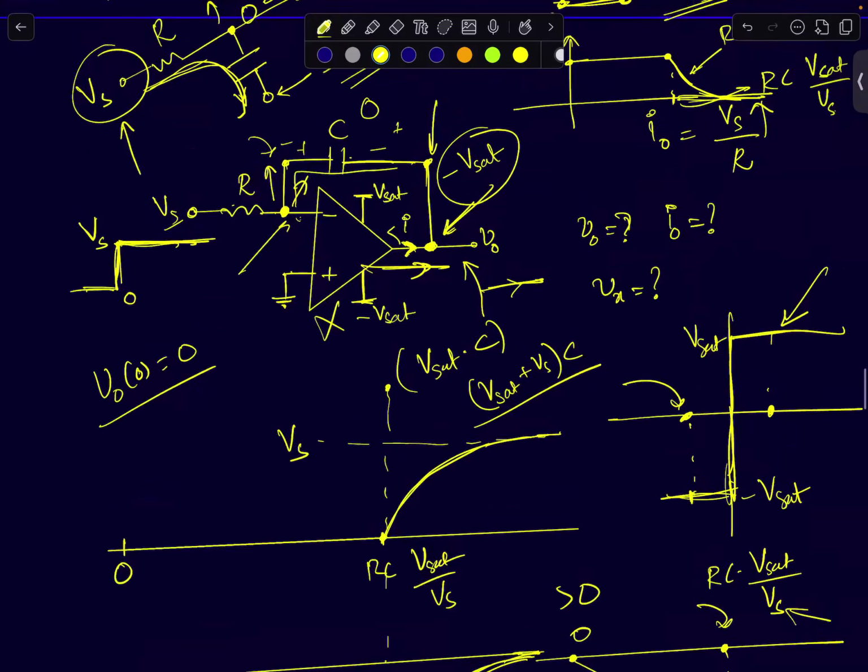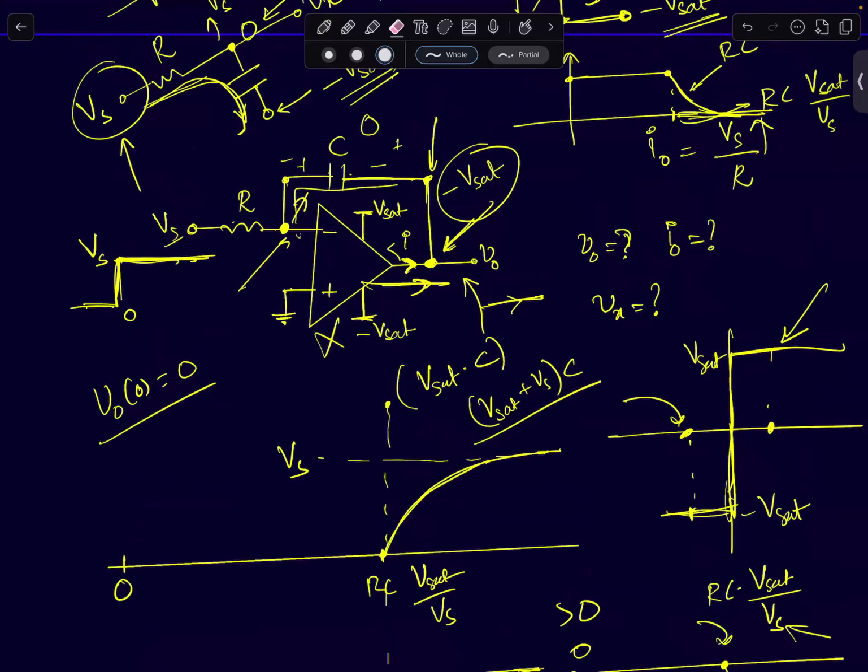Remember, your capacitor is always getting charge in this direction. This guy is always supplying current in only one direction. So the cap will keep on adding more and more charge.